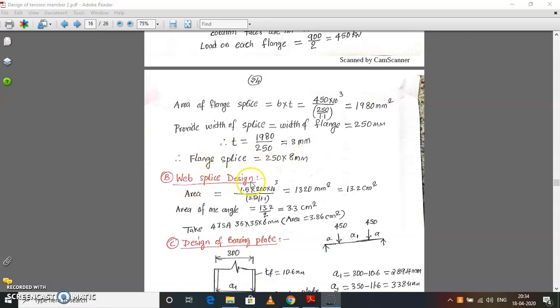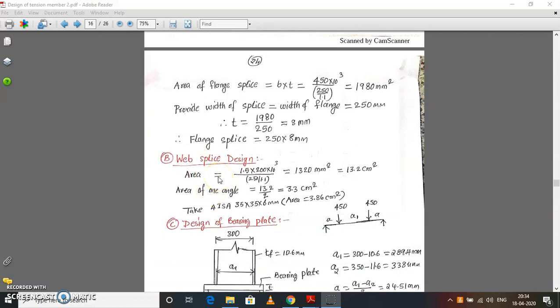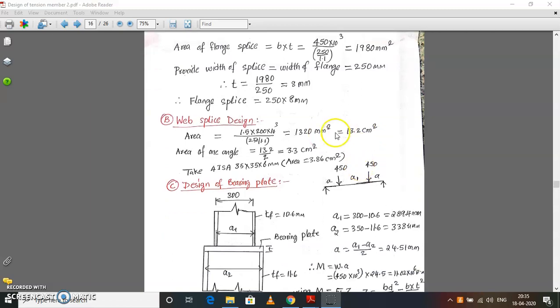So now web splice design. Area of the web splice required is equal to 200 into 1.5 divided by allowable stress. So that is equal to 1320 mm square, that is 13.2 centimeters square. So here we have to design the cleat angles.